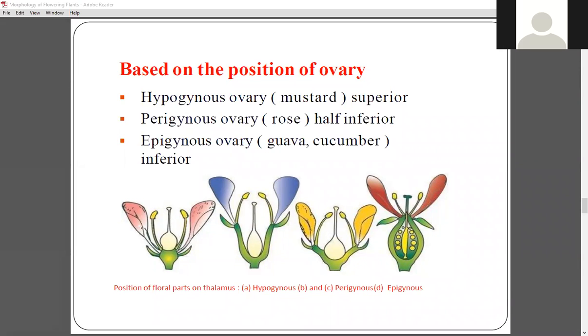Second is the perigynous type of ovary, which is half inferior. Half inferior means half of the ovary is present inside and half is present outside.